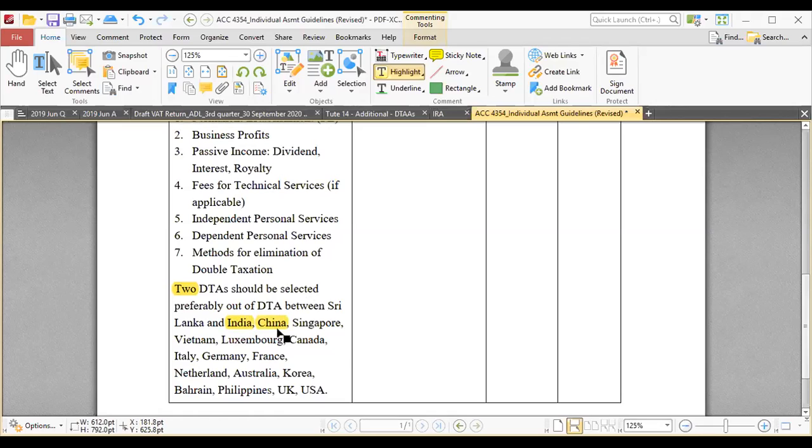Better if you can compare India and China. You can even take Singapore, Canada, Italy. These treaties are recommended, and you can analyze based on your preference.